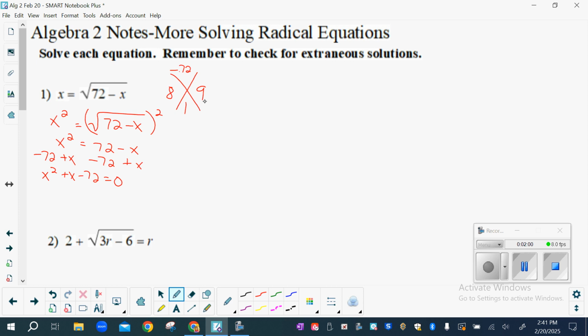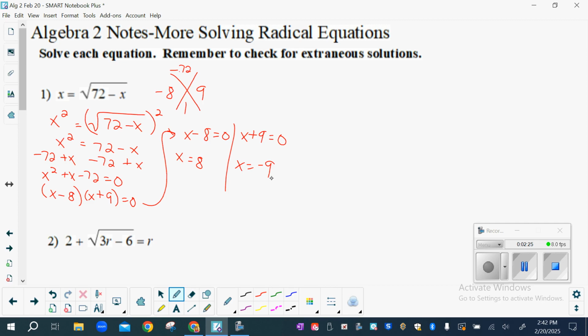So this is x minus 8 times x plus 9 equals 0. My next step is using the zero product property. X minus 8 is 0, x plus 9 is 0. So we get x equals 8 and x equals negative 9.